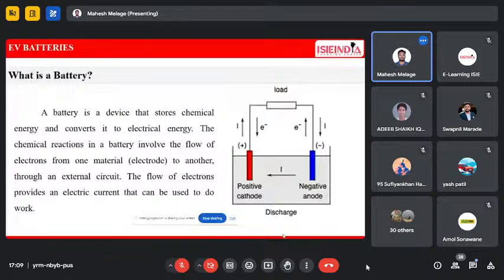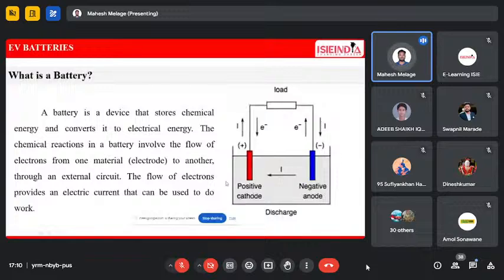In a battery, the chemical means different chemicals. In lead acid, lead acid is used. In lithium ion battery, lithium is used. Nickel, the different chemicals are used to store energy, and we can use it as electrical energy. So we can see in the picture, these are the two electrodes.